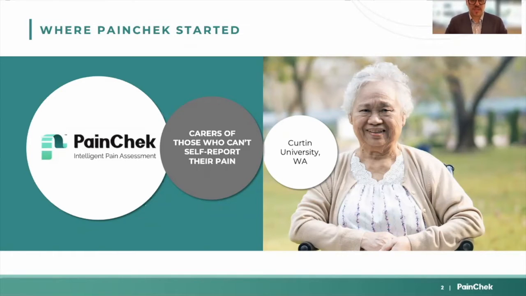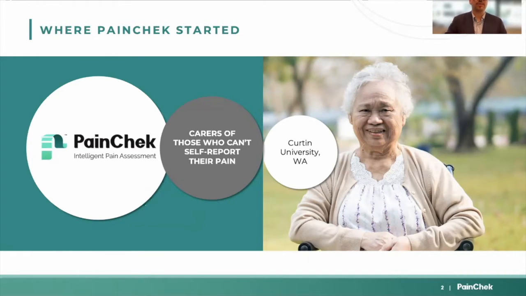pain assessment scale. PainChek as a pain assessment scale is an objective and consistent tool for use by carers on those who they care for who cannot self-report their pain. That could range from people who are totally non-verbal through to people who just have some difficulties communicating.